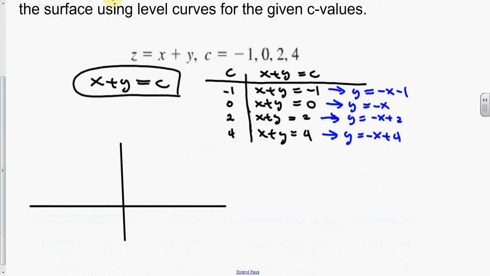So if we graph the first one, this is a straight line with negative slope. Here the y-intercept is -1. Then the next one, negative slope again, the y-intercept is 0.